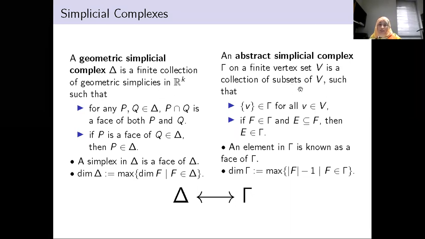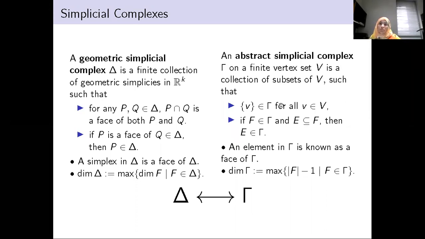So for every face or simplex, you get a subset of the bigger V, which is a collection of all vertices in this Delta.